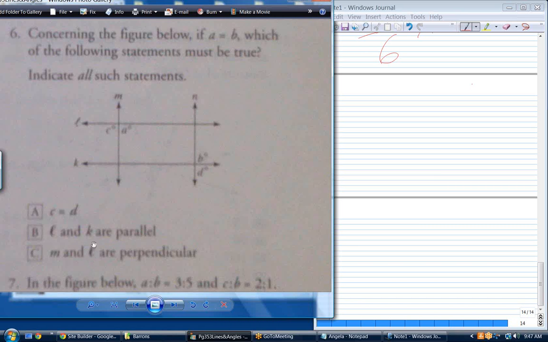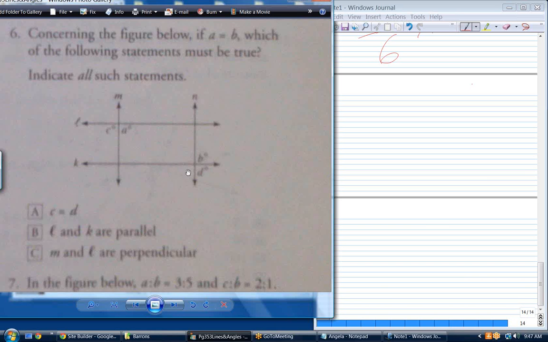And M and L, are they perpendicular? Well, once again, I think you could probably move the lines and keep that one spot. Exactly. In other words, I could, in fact, is all I have to do is take lines L and K, pretend they're parallel, and rotate both of them together.